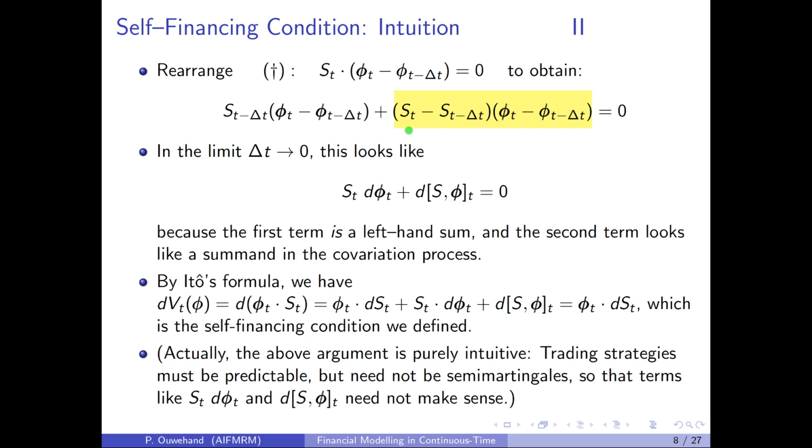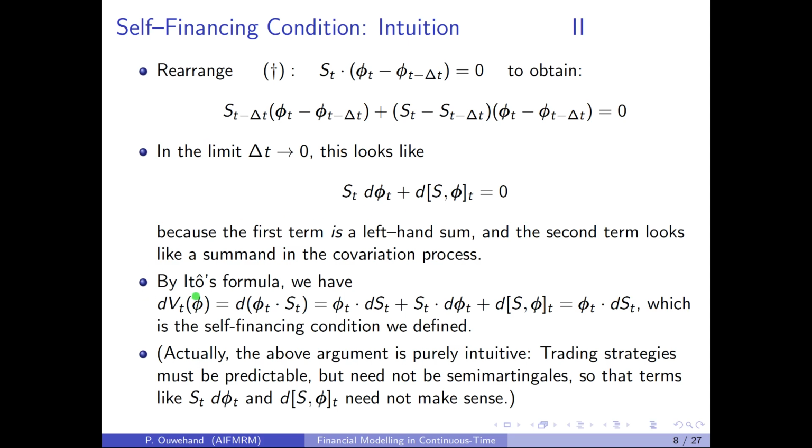And over here, we have a product of two differences, and that can be interpreted as a term in the covariation between S and phi. In other words, in the limit as delta t goes to 0, we obtain the following. S t times d phi t plus the differential of the covariation between S and phi is equal to 0. That's because the first term is a left-hand sum and therefore can be interpreted as a stochastic integral in the Ito sense, and the second term looks like a summand in the covariation process.